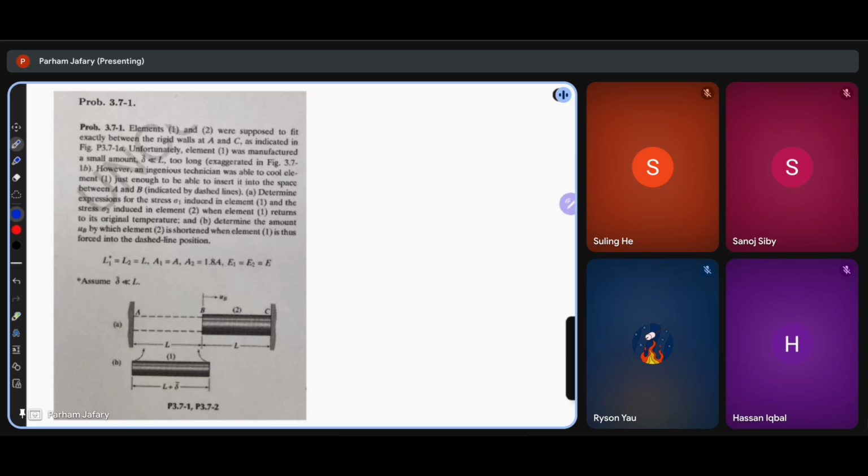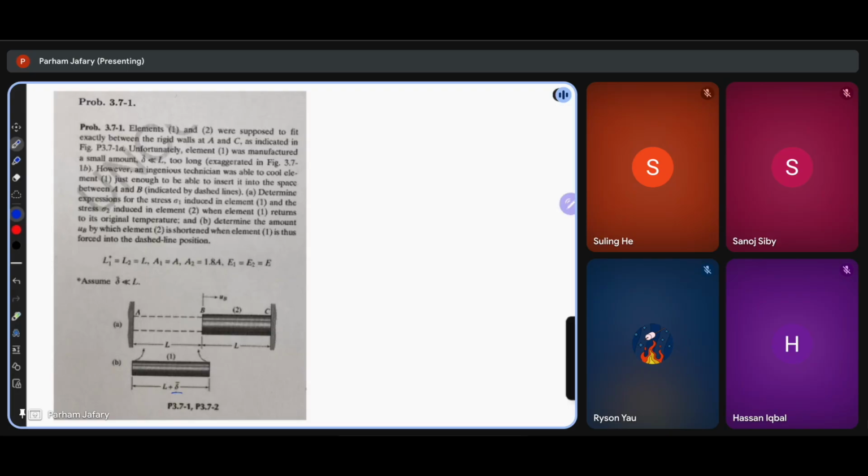So we know that part 1 has an initial length of L plus delta, and it was cooled down, so it had a negative deformation, and then it was placed between points A and B, and then when it warmed up, it is now posing a force to the other element, element 2.